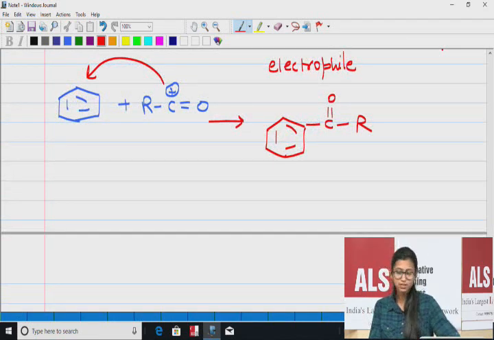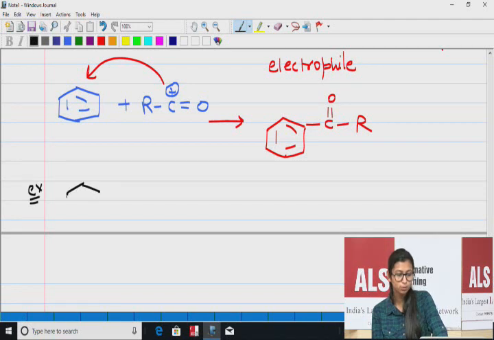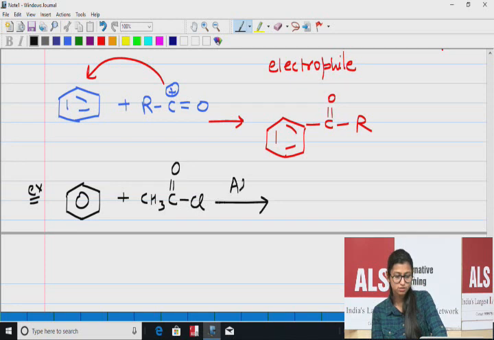Okay, so we are done with the acylation also, and let's write one example. You people will make the product. This is the benzene. Let's say we have CH3, C double bond O, Cl in the presence of AlCl3.